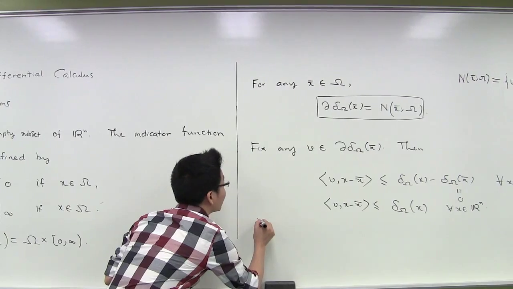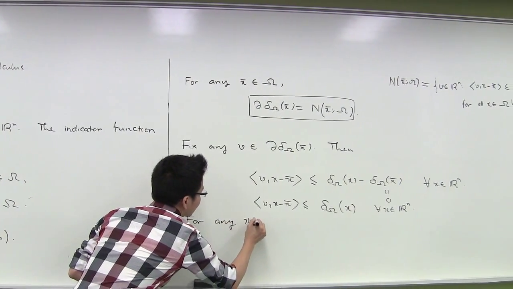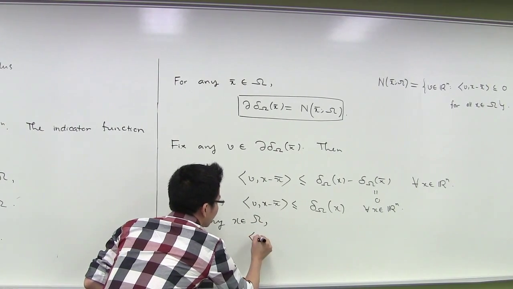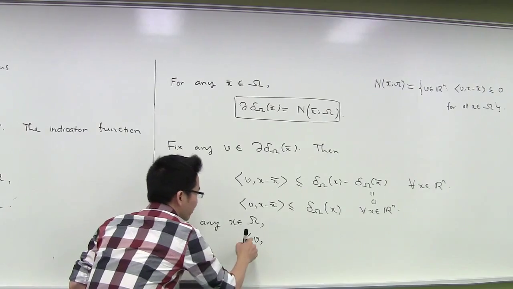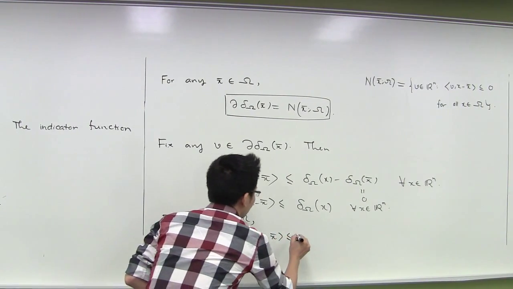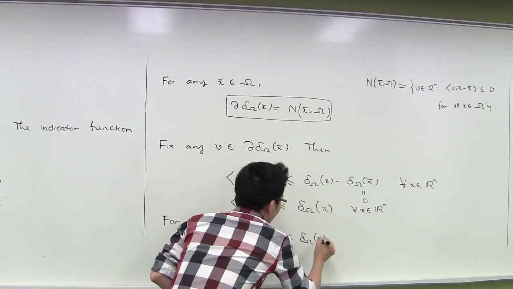So for any x in omega, the inner product of v and x minus x bar is less than or equal to the value of the indicator function at x.